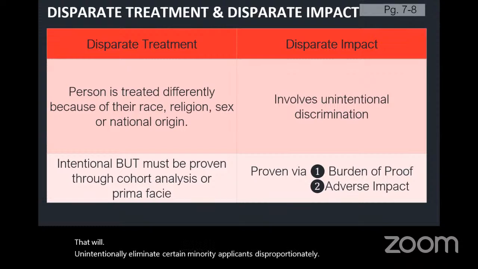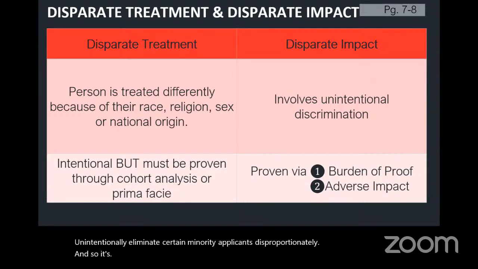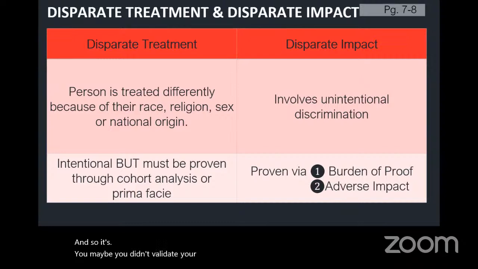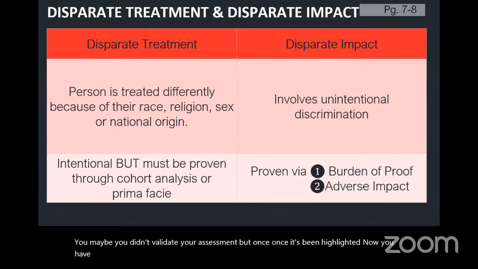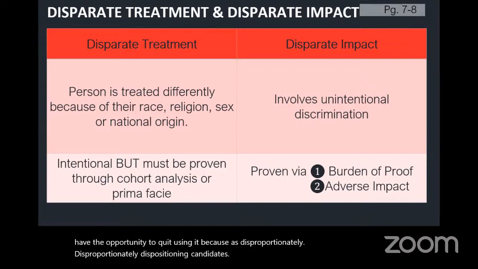Maybe you didn't validate your assessment, but once it's been highlighted, now you have the opportunity to quit using it, because it's disproportionately dispositioning candidates. So again, treatment is intentional, impact is unintentional.